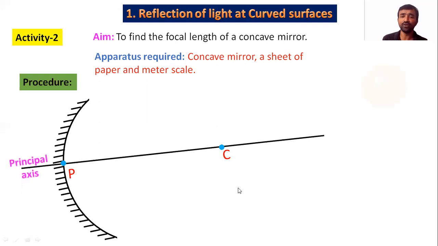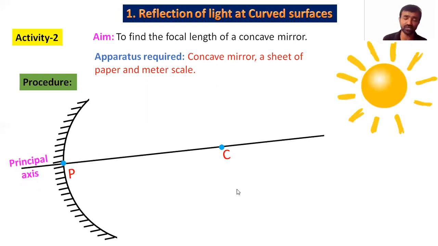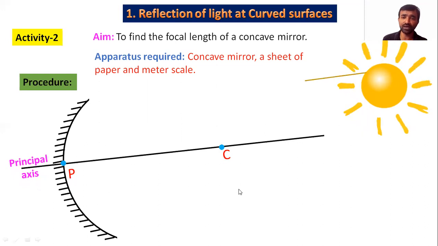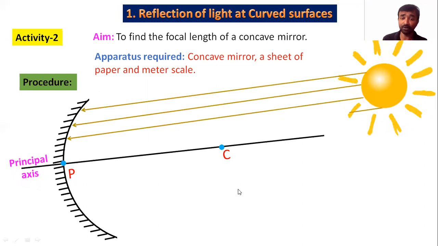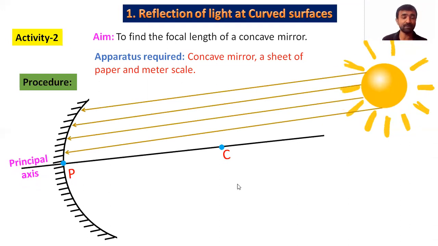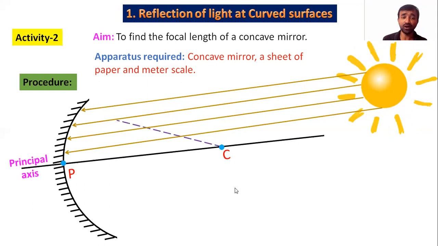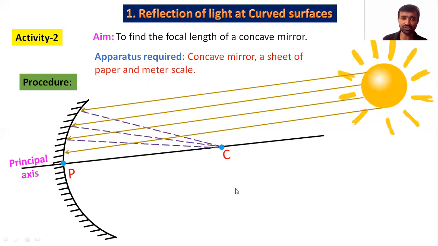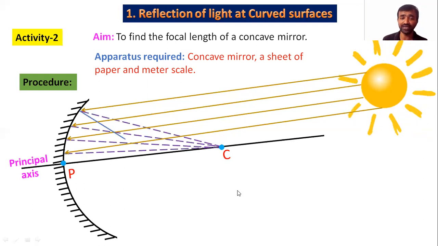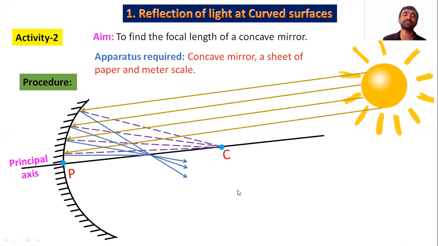Now we have sunlight in front of the mirror, which we are focusing onto the mirror. From the sun you receive a parallel beam of light rays, which is focused on the mirror. What happens here is that all the light rays are focused at a common point, which is located on the principal axis.